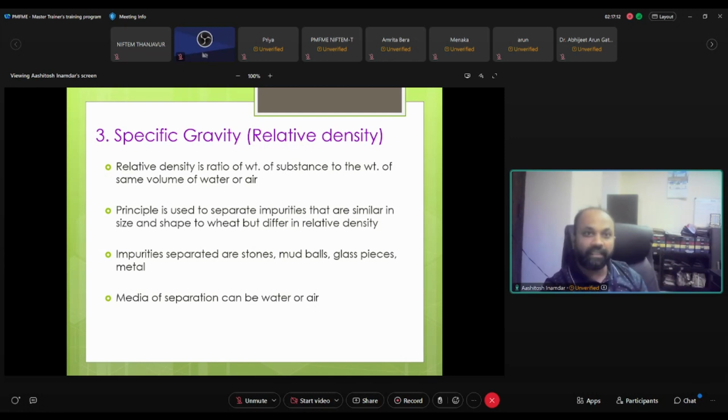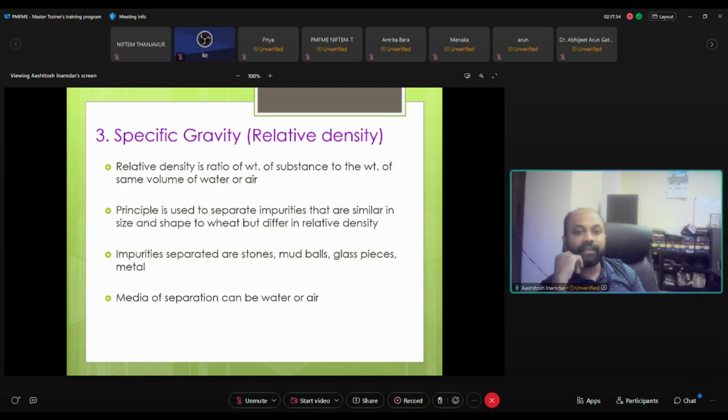So this difference in density is used to take out the impurities. So what is the target actually? The target impurities are stones, mud balls, glass pieces, and the metals, particularly the non-ferrous metals. These are the impurities which we target to separate out here.